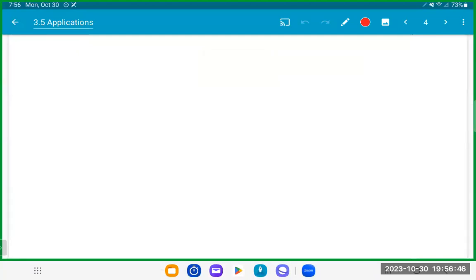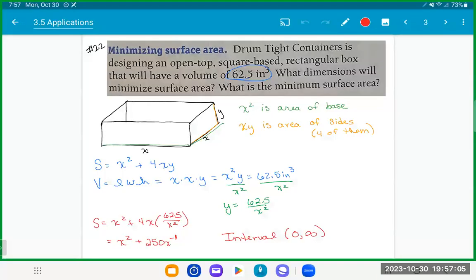Now what we want to do is take S prime of X, and that equals 2X minus 250 X to the negative 2. Let's go back and look.